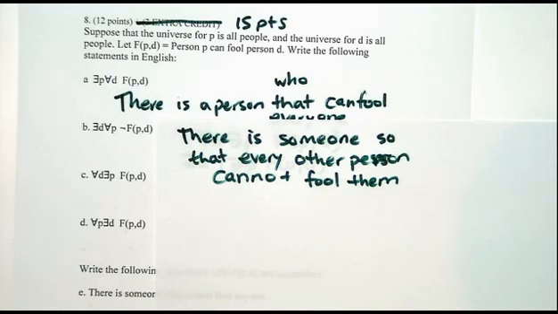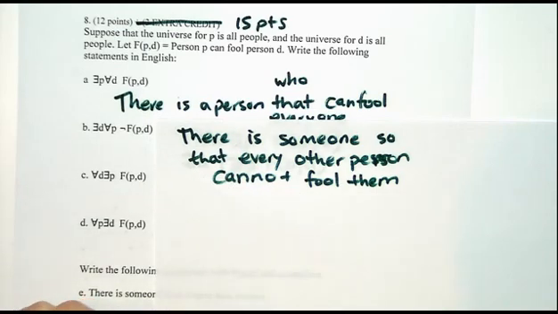There is someone so that every other person cannot fool them. And that's technically not exactly right because other means not that person. So the statement as it's written actually means that person can't fool themselves either. Right? But I'm not going to mark off for that. That's right. Someone cannot be fooled by anyone. That is correct also. That is a better way to write this one.